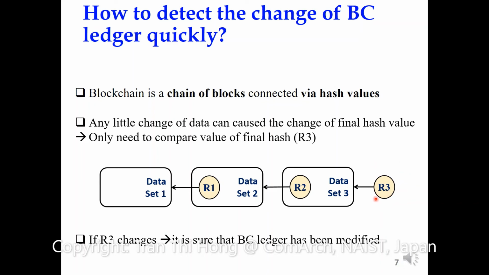So finally, we only check the final hash R3. If R3 is changed, it means that there is already some modification inside the blockchain ledger. We don't know where it has been modified, and we don't care. We just know for sure that the blockchain ledger has been modified if R3 is changed. So we check R3 only.